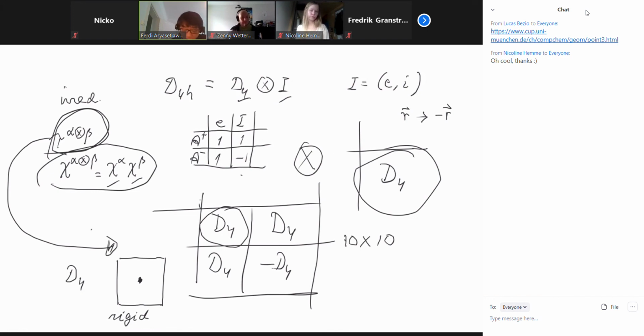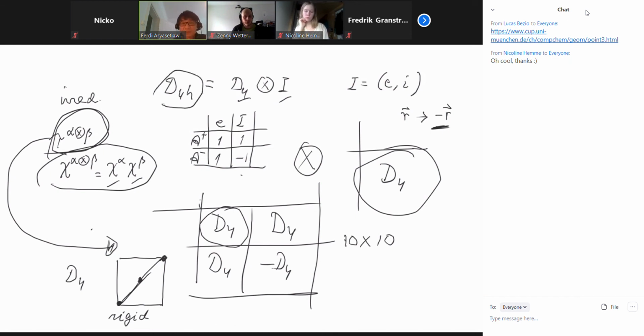Or you can have a rotation on the diagonal axes, but it's a rigid object. Now the inversion cannot be represented by a rotation, because inversion means that you dissolve the object, bring this point to this point.